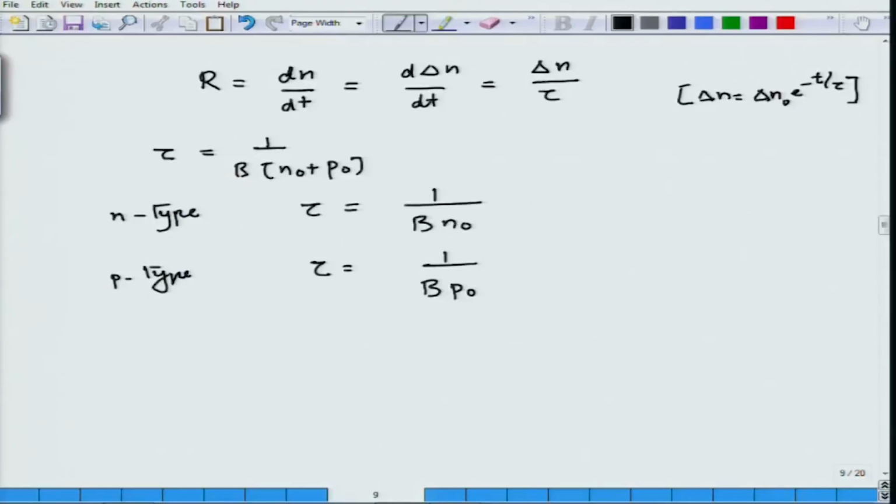So this is the example of recombination rate when we have low level of injection. This basically means that if I put in recombination rate due to different processes in any equation, I can write R equal to delta n over tau. If I have more than one process, I would write delta n over tau 1 plus delta n over tau 2 and so on.